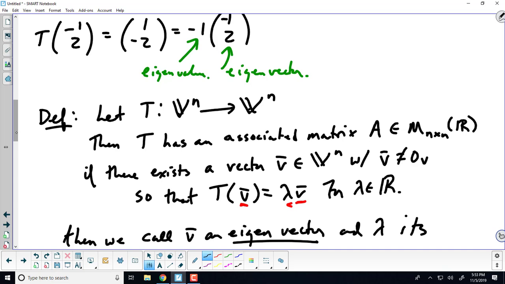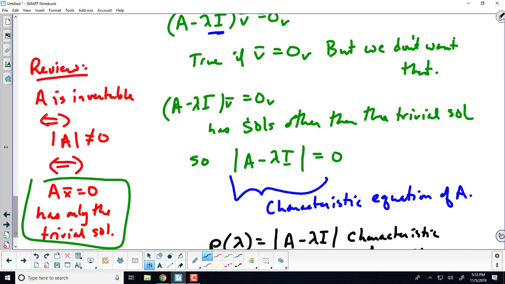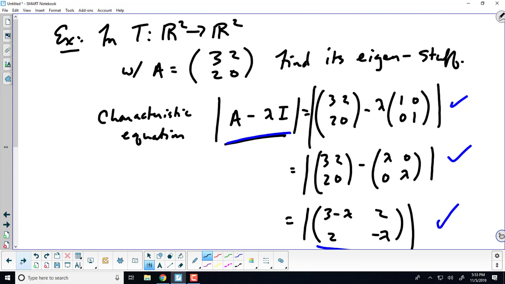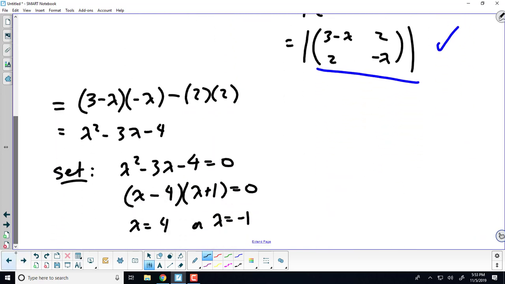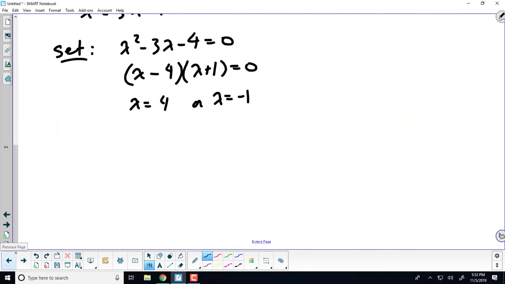So this process is how you find the eigenvalues, and then you sort of repeat it to find the eigenvectors. Let's do that. So these are our eigenvalues.